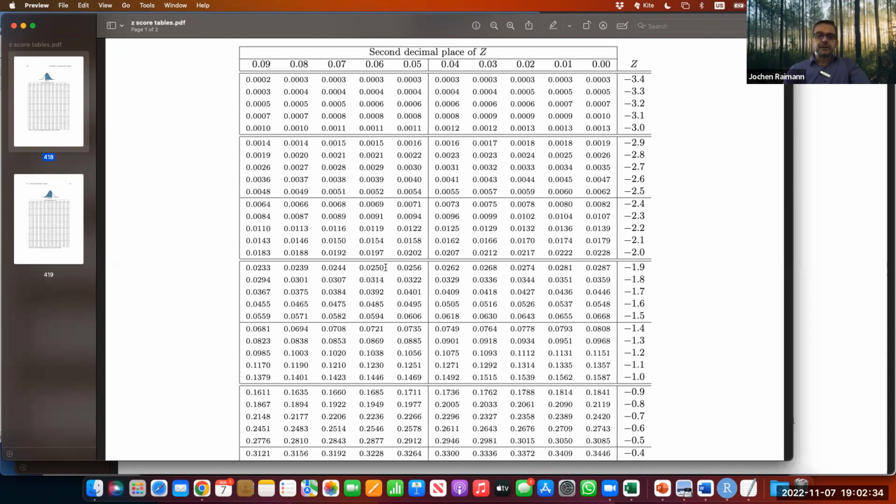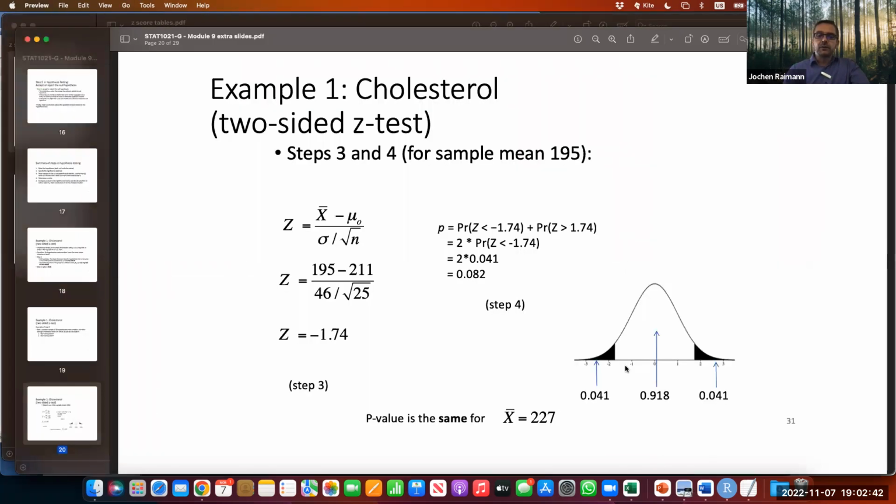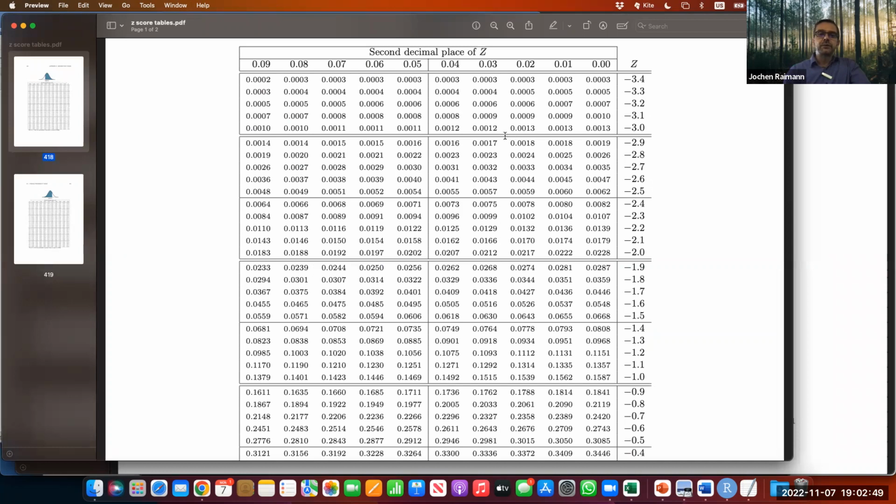So you're looking at 2.97. Use the calculation. So our set is 2.97. So minus 2.97 corresponds with 0.0015. So that's 0.15%.